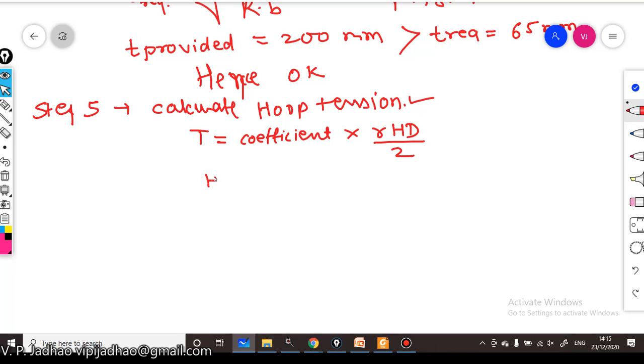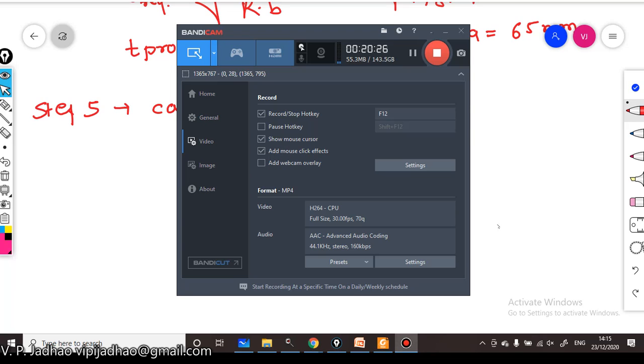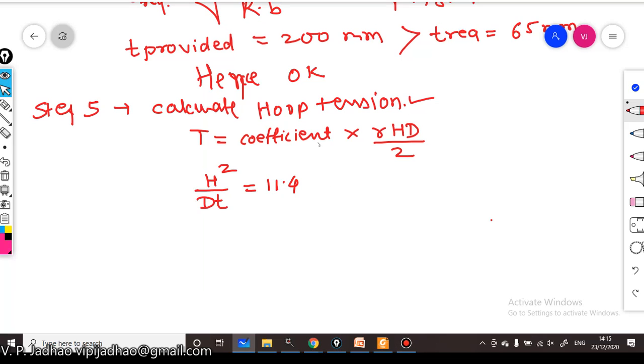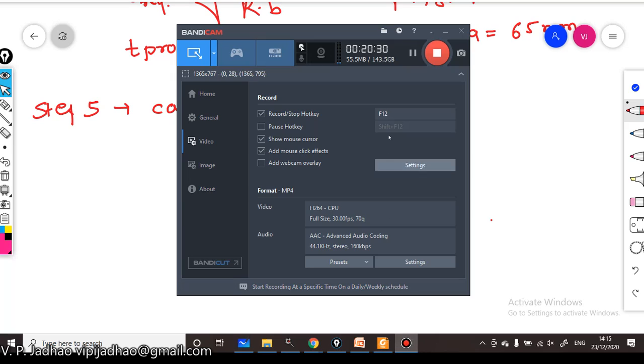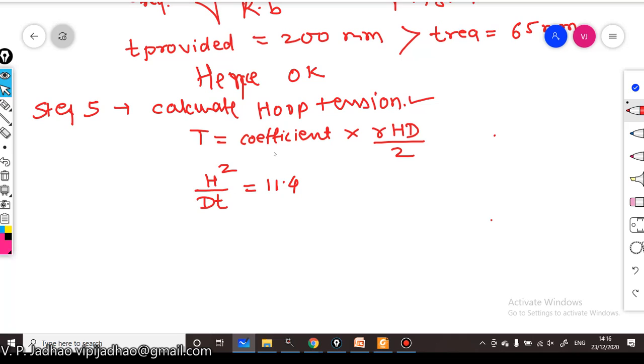Already we have calculated the value of h square upon dt, which is equal to 11.4. Now these values are known. Only unknown is this particular coefficient of hoop tension.